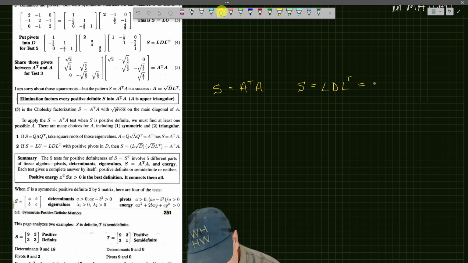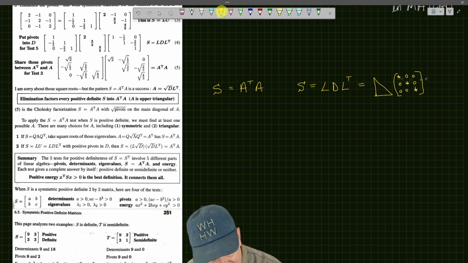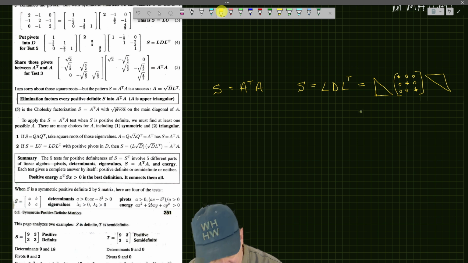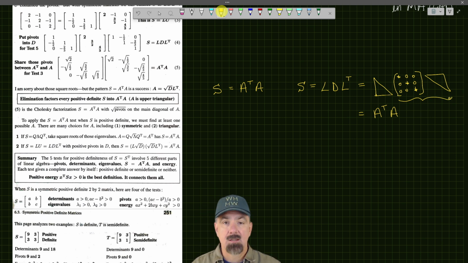So just from a graphical standpoint, we have a lower triangular matrix, and then we have a diagonal matrix, which is all zeros outside of the diagonal. And then we have L transpose, which of course is an upper triangular matrix. The way we're going to build the A matrix, because this is going to be A transpose times A, is we're going to build it using the diagonal matrix and L transpose.